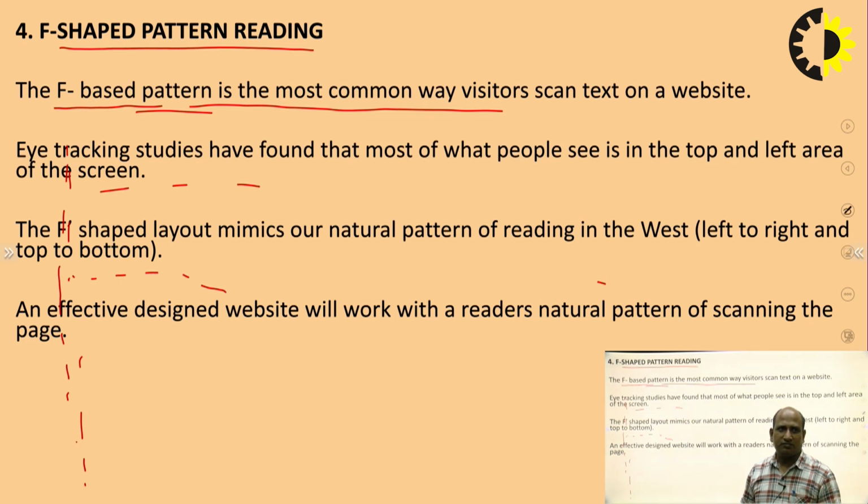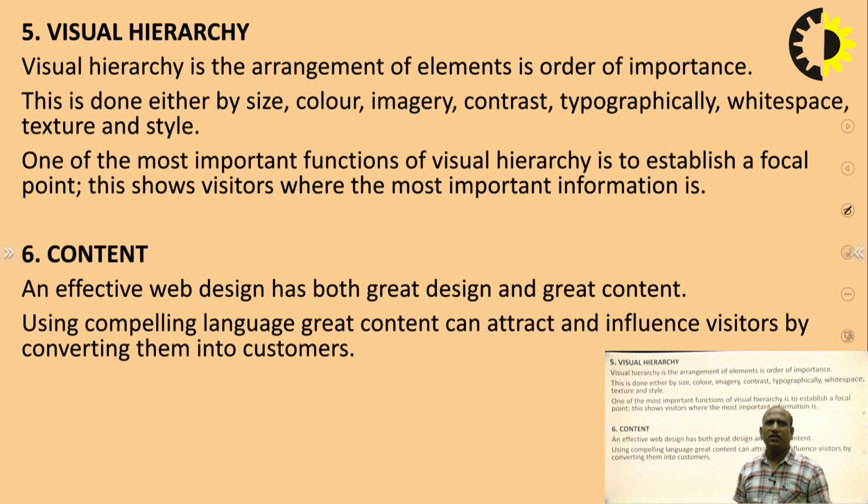So you should keep in mind the viewing pattern of your client, your user, and accordingly put your things on your website. Next is visual hierarchy. Visual hierarchy means the arrangement of elements is very important. The order of arrangement of your elements is very important. This is done by size, color, imagery, contrast, typography, white space, texture, style. One of the most important functions of visual hierarchy is to establish a focal point.